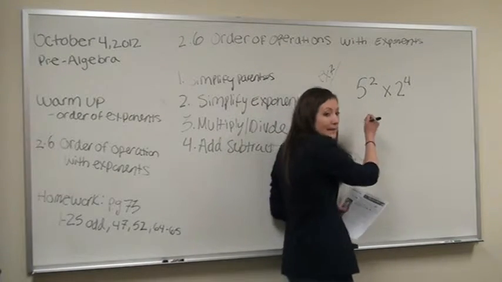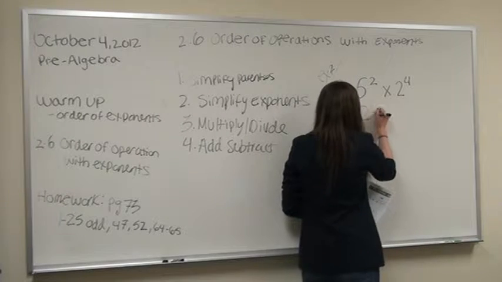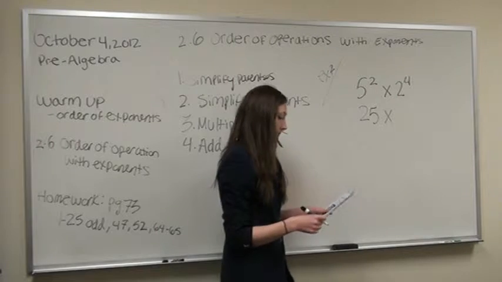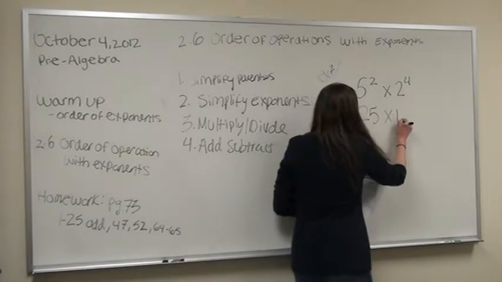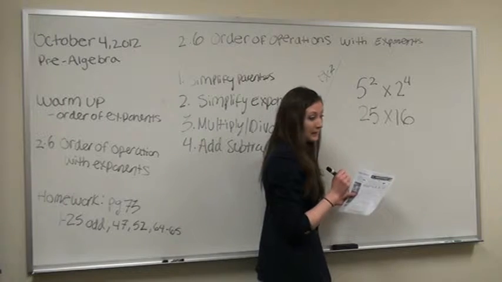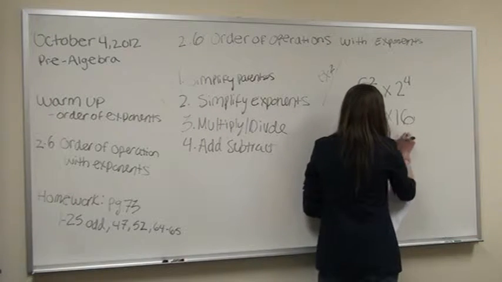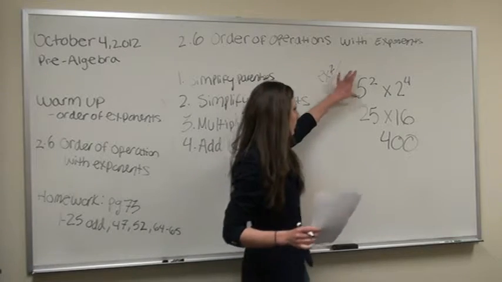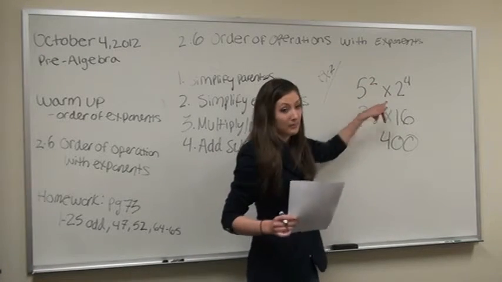So 5 squared is 25, times 2 to the 4th, which is 16. Correct. Alright, and 25 times 16, 400. Okay, so you want to simplify both exponents before you multiply them, okay?